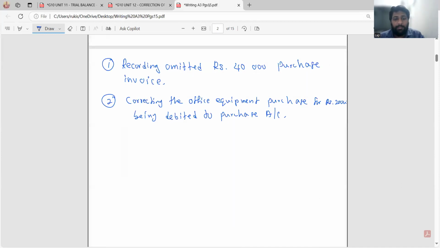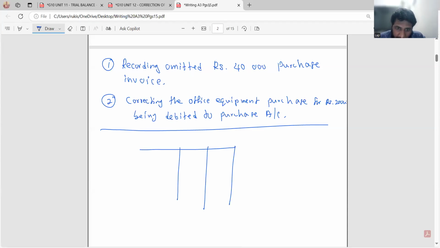What you have to understand is, if this is the trial balance, if this is your debit side, if this is your credit side, before writing this line which is suspense, what they are telling me is that here they had a total of 85,000 on the debit side.